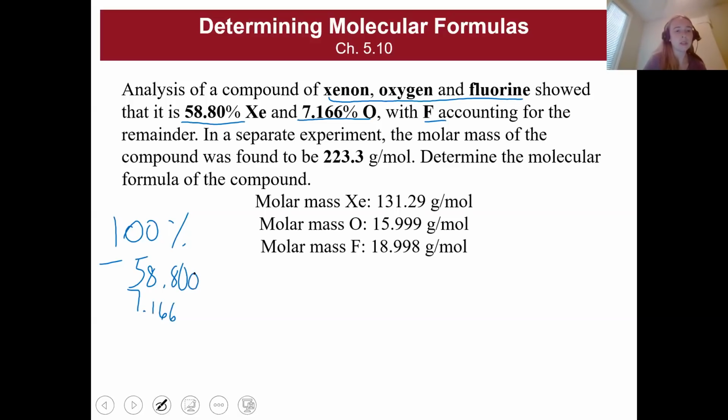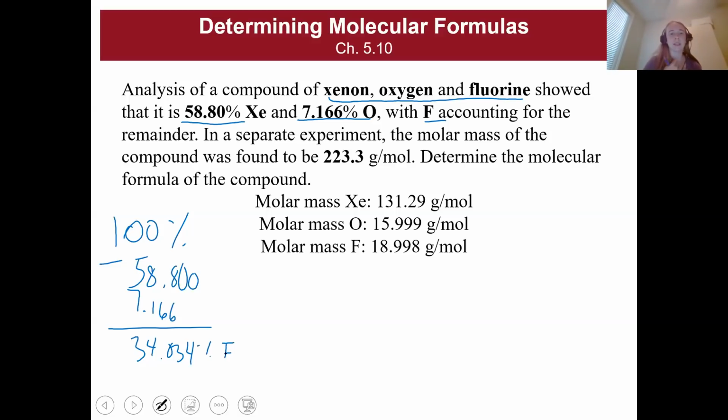So we're going to subtract those other percentages to find the percentage of fluorine. Let me do that real quick on my calculator. And I found that we have 34.034% fluorine.